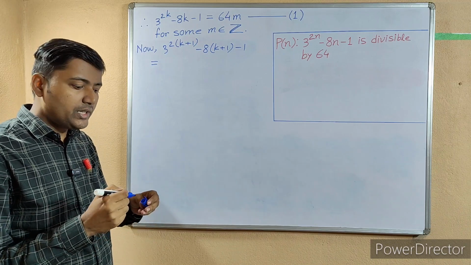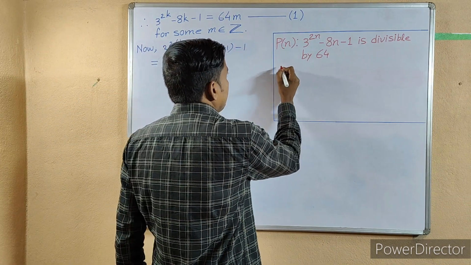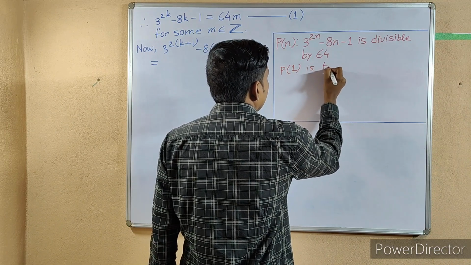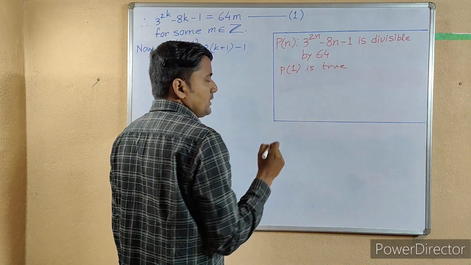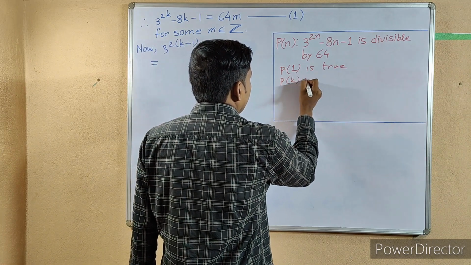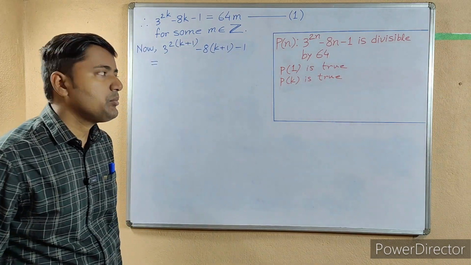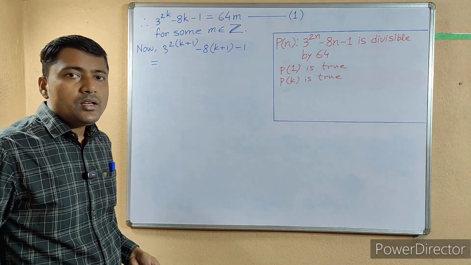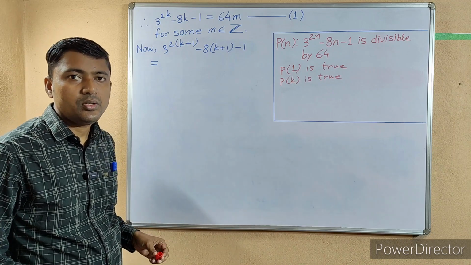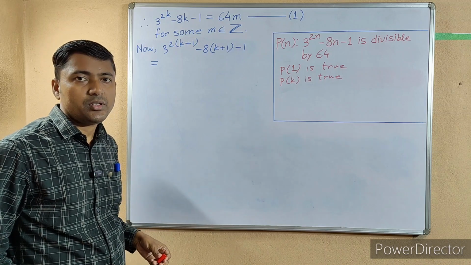We have shown that P1 is true and assumed that Pk is true, where k belongs to N. So now we have to check whether Pk plus 1 is true, that is, whether this is divisible by 64.